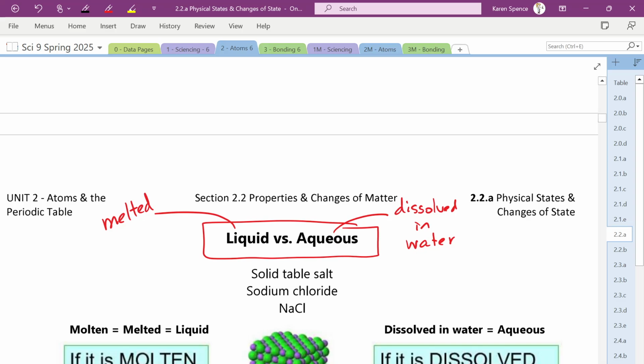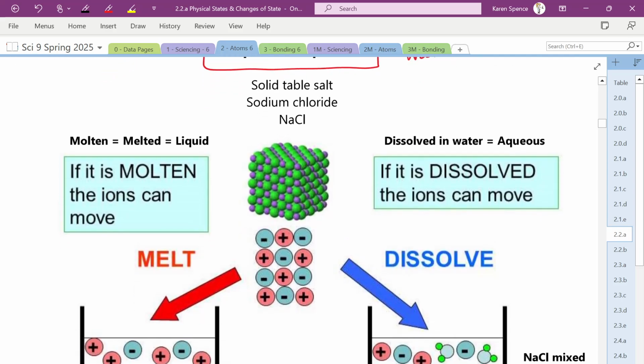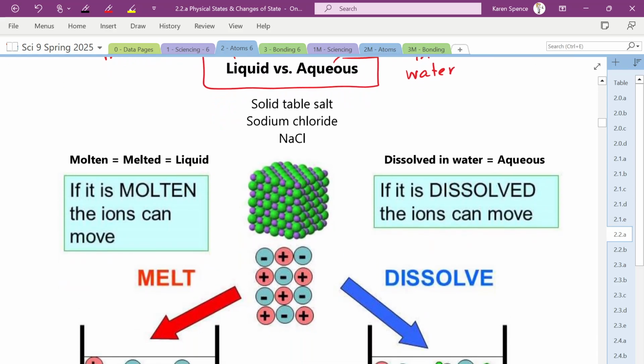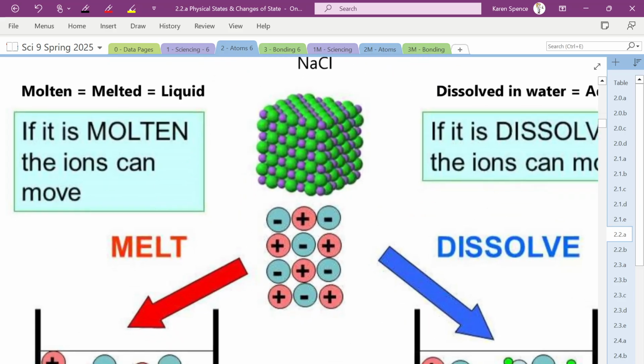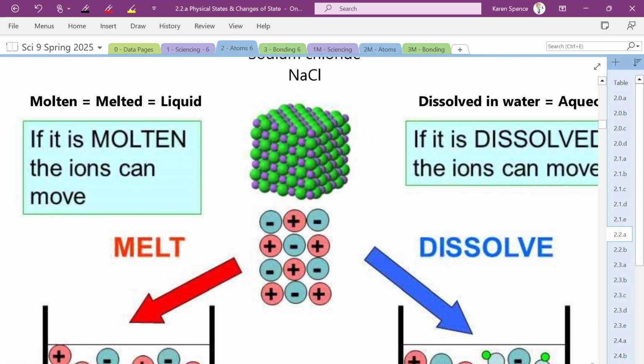So you could have this crystal here, and we could melt it. All right, and you remember I said it alternates sodium chloride, sodium chloride, sodium chloride. The sodium is positive. That is sodium. And the chloride is negative.